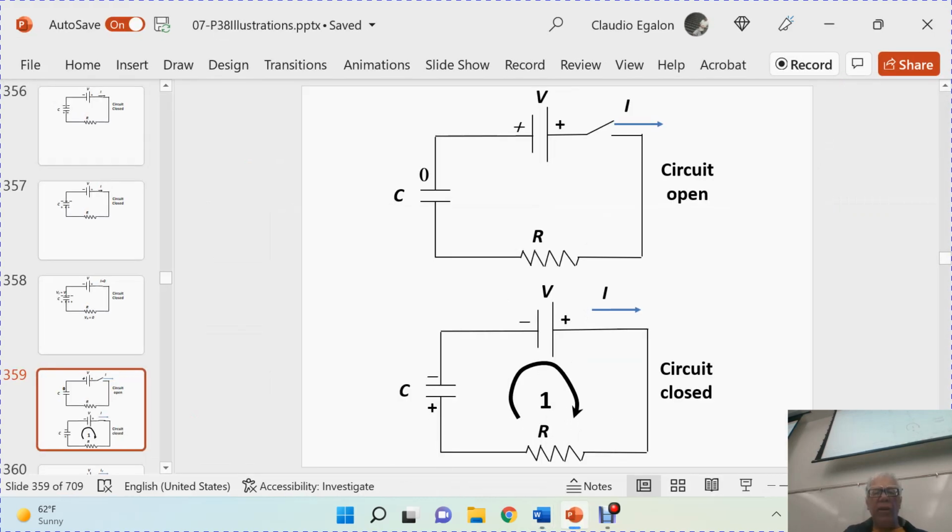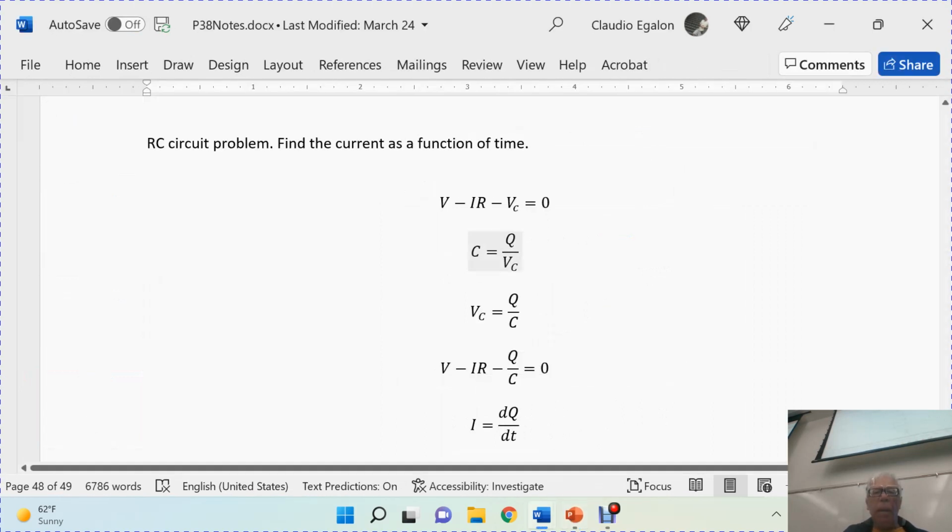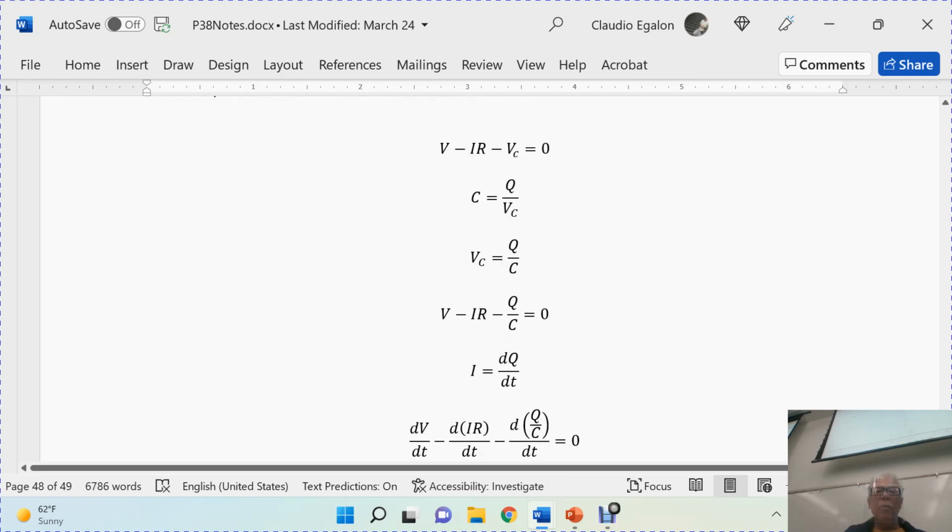Then we cross the capacitor from the positive to the negative, and we lose potential difference, minus V_C, which is Q over C. So minus Q over C. That's what you're getting: V minus iR minus Q over C equals 0. That's how we get this equation, using the Kirchhoff loop law.